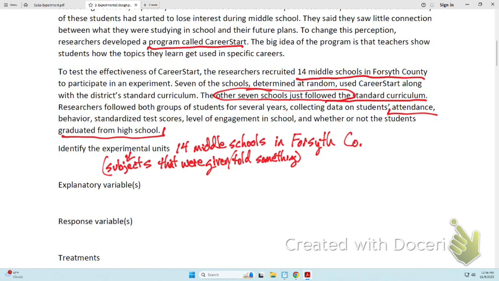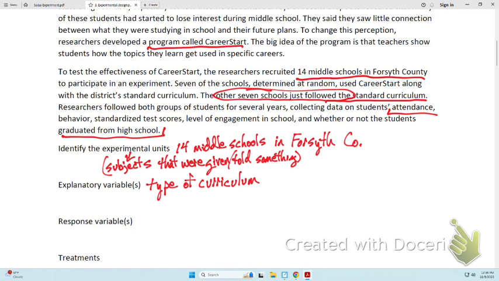You can actually get away with not writing the 14, but I think it's important to write it. Explanatory variable, this is type of curriculum used. You could describe that in many different ways. What the middle schools used to teach kids. What did the middle schools, I don't know how else to say it, study, something like that.